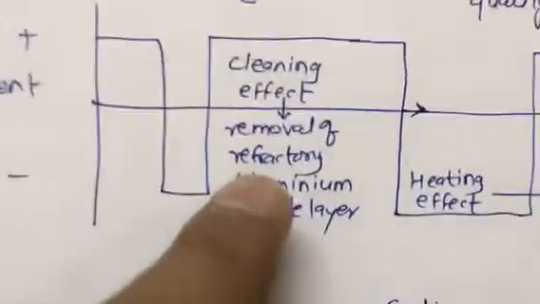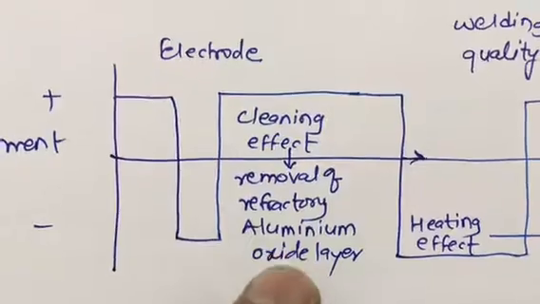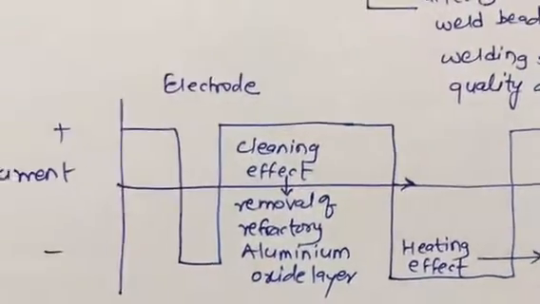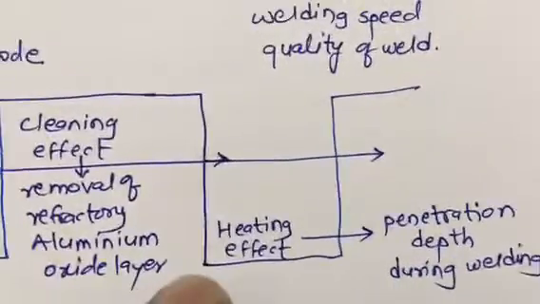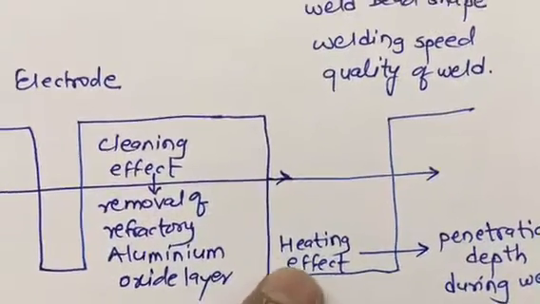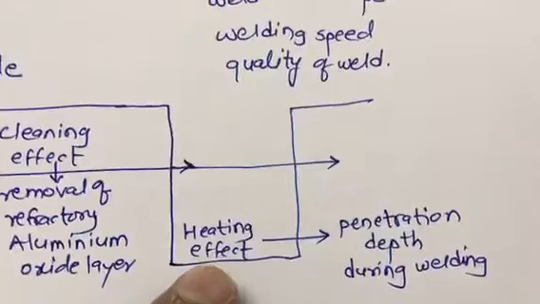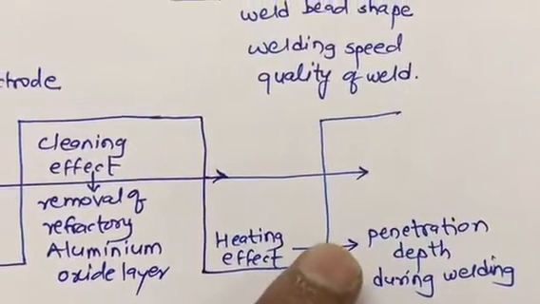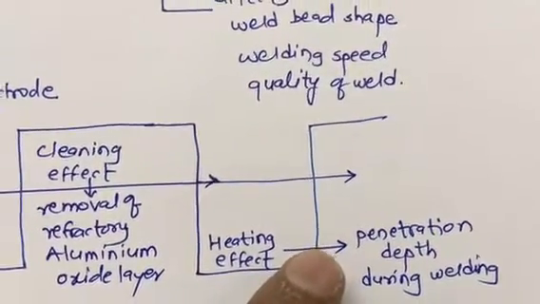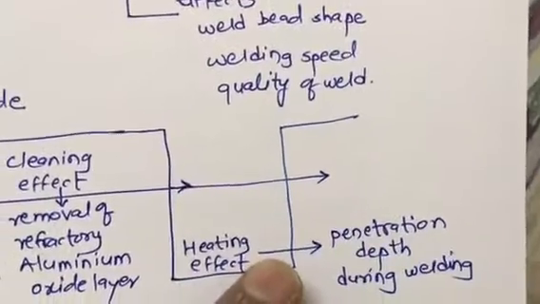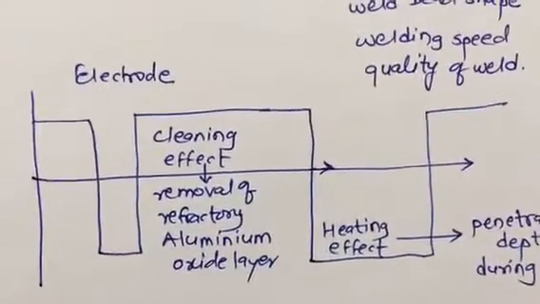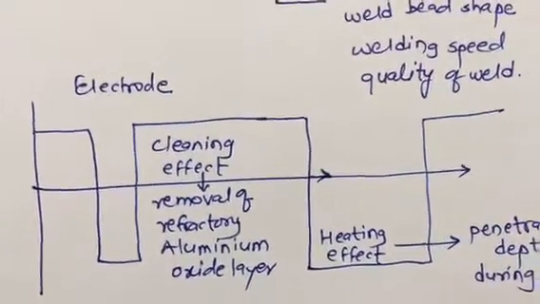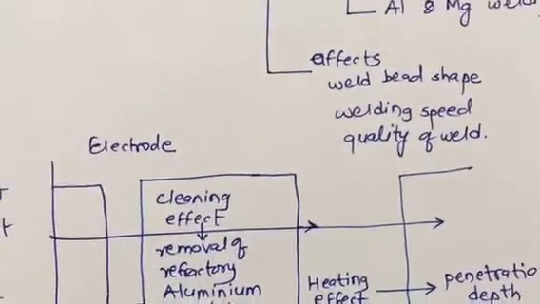Cleaning effect means removal of refractory aluminum oxide layer. It is also called spatter. And in the negative pulse, it is a heating effect. This heating effect is used for penetration depth during welding. So this is how a pulsating square AC current wave is used in continuous arc welding.